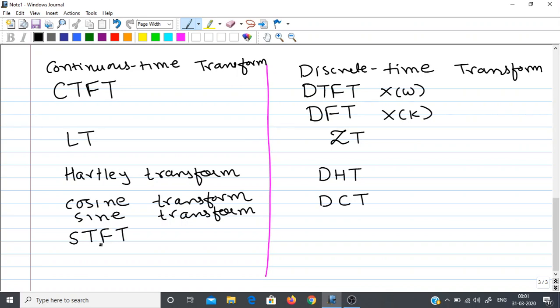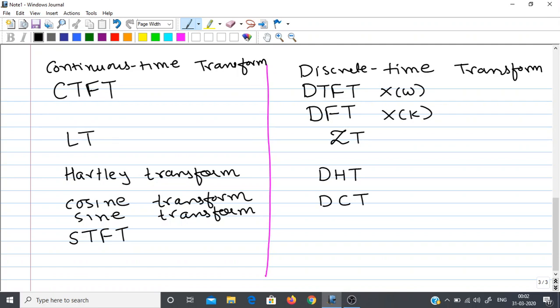This is nothing but the windowed Fourier transform. We perform the transform over small segments of the signal. Here again, the bases are sinusoids, but not everlasting sinusoids. We can say the segmented sinusoids are the basis for STFT.